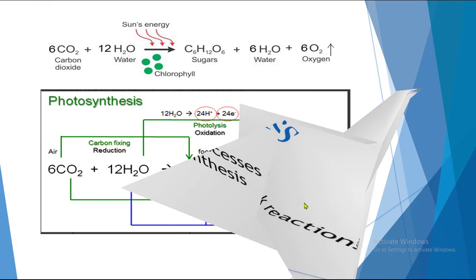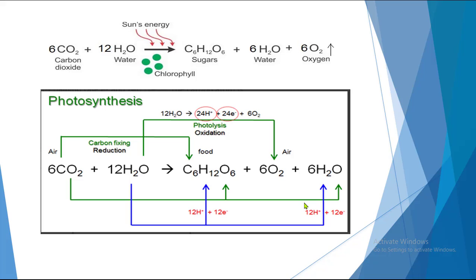So this is a summary of photosynthesis. The photosynthetic equation is here. These are the raw materials of photosynthesis: carbon dioxide combines with water molecules to form glucose, and water and oxygen are produced as byproducts.